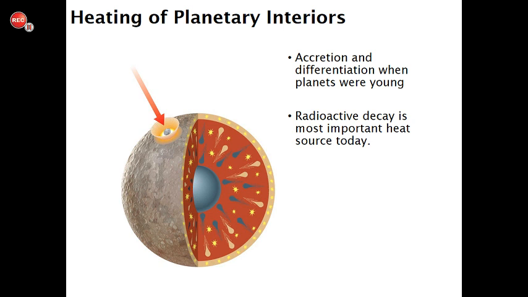It's going to heat up the material. Falling material inwards towards the center, the differentiation, is going to take gravitational energy and turn it into internal energy. So that's good for the very early portions of a planet's history.